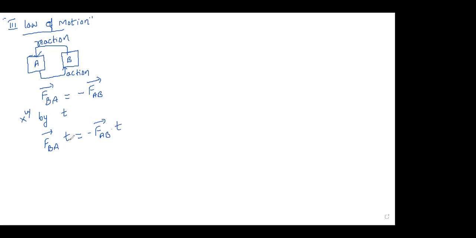What is force into time, students? What is force into time? Impulse. Good, impulse. So this is the force acting on body B, isn't it? So this should be the impulse of the body B. Minus, this is the force acting on body A. So this should be the impulse on body A.